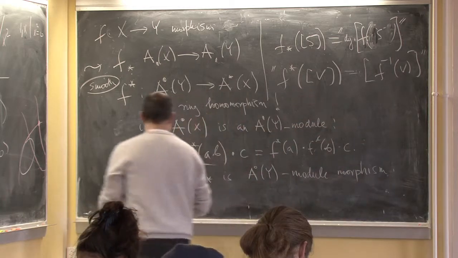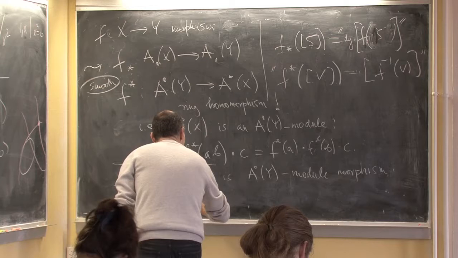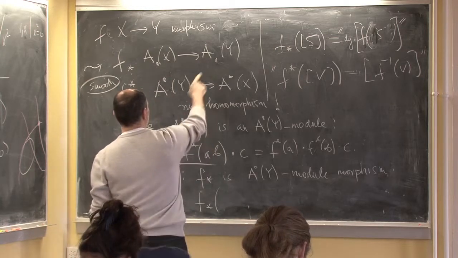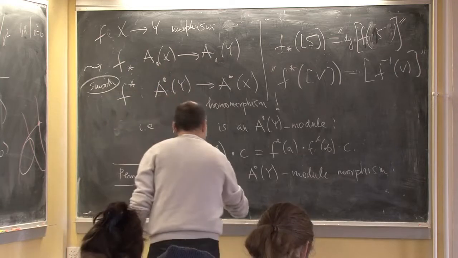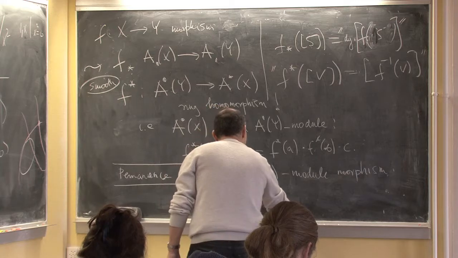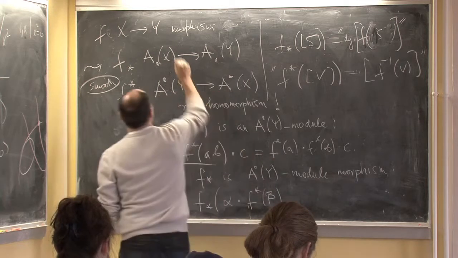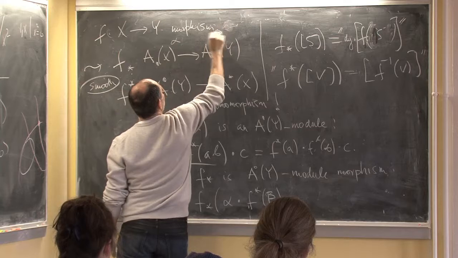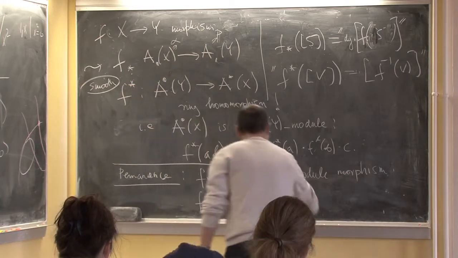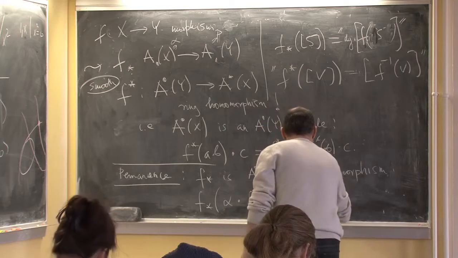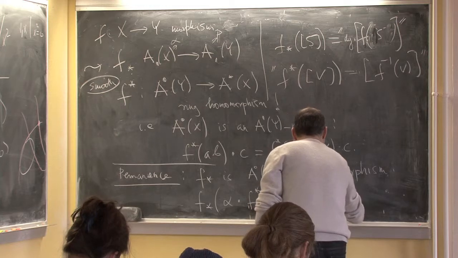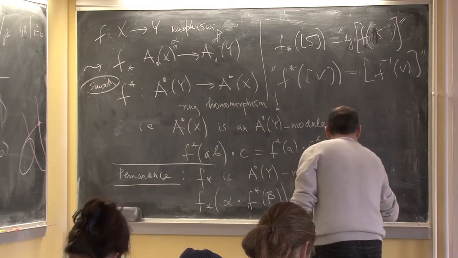What it means is that if you take f lower star of, you take some alpha here and multiply it by f upper star beta. So you take an alpha here and a beta here. Then this will be the same thing as if you just took the push forward of alpha and multiplied by beta. Okay.